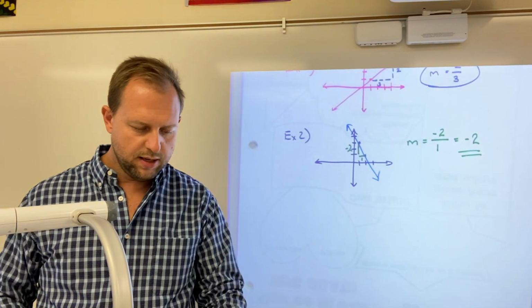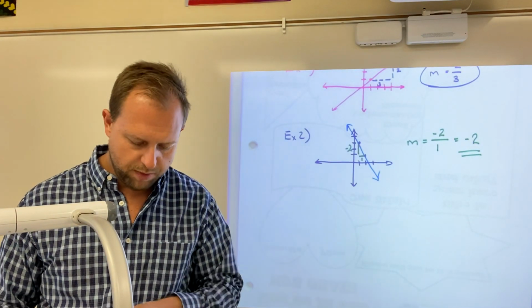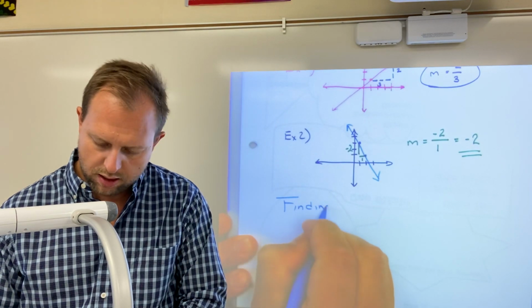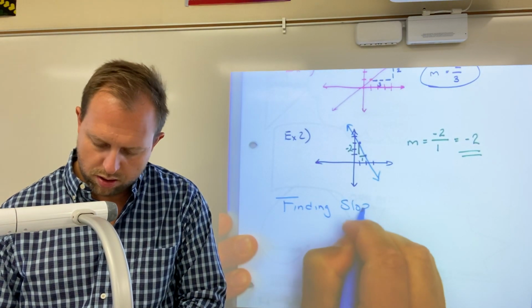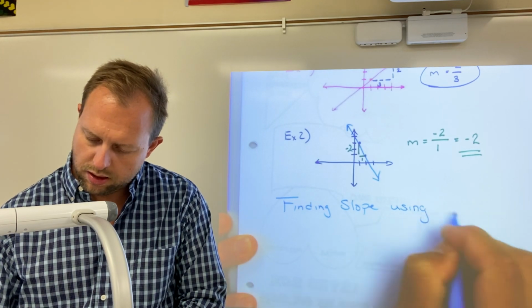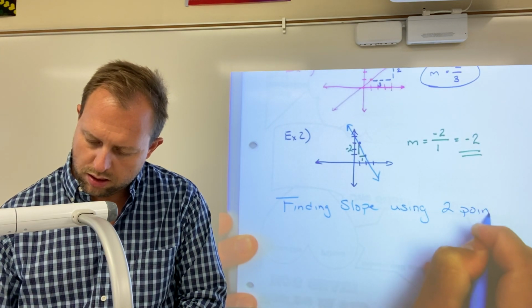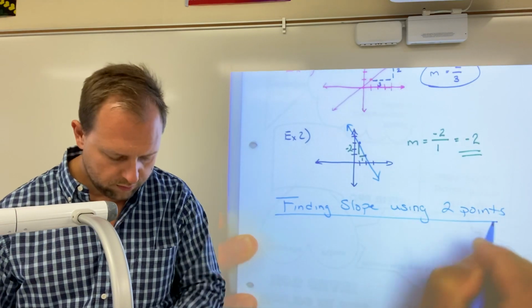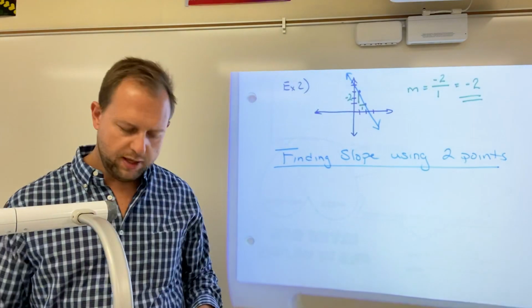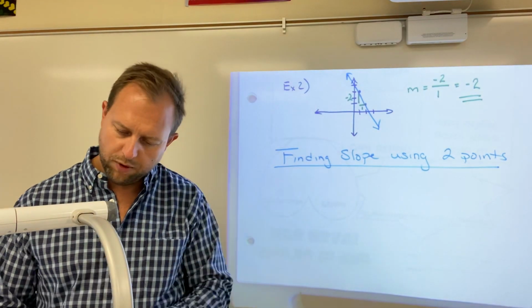The second item we need to talk about is finding slope using 2 points. When we look at this, we'll look at an example.